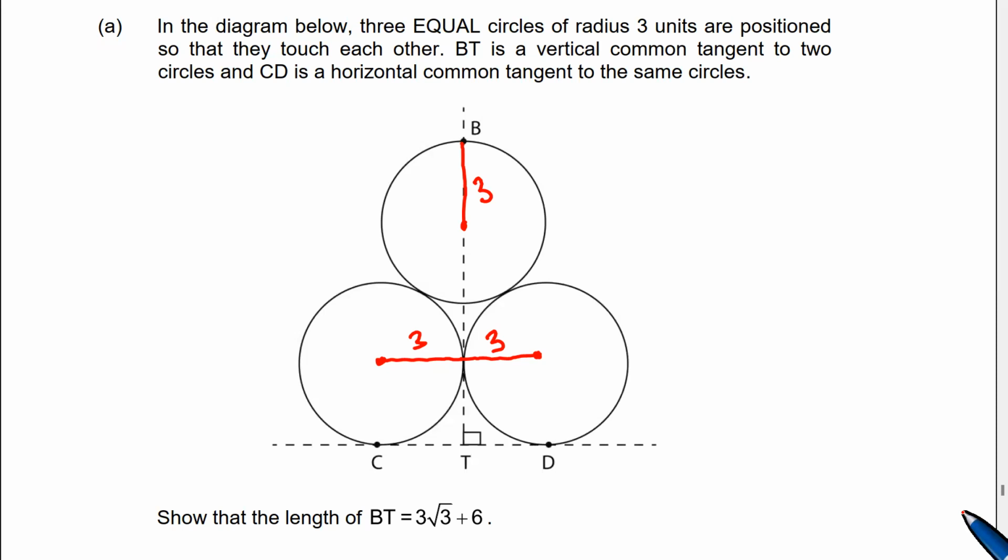I want to see what you can do. Please show that the distance from B to T is this. In 3 minutes, then we shall do the corrections. Let me know what you find, and then you'll tell me what you did to solve this, if you get this answer.